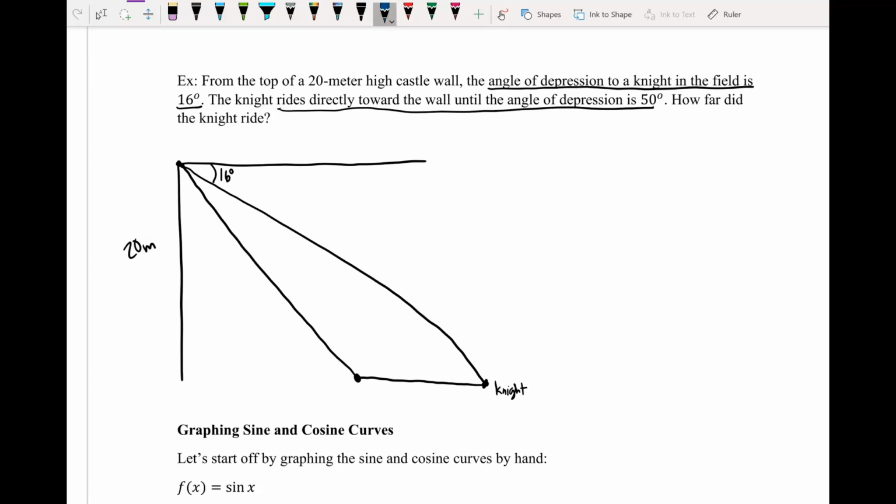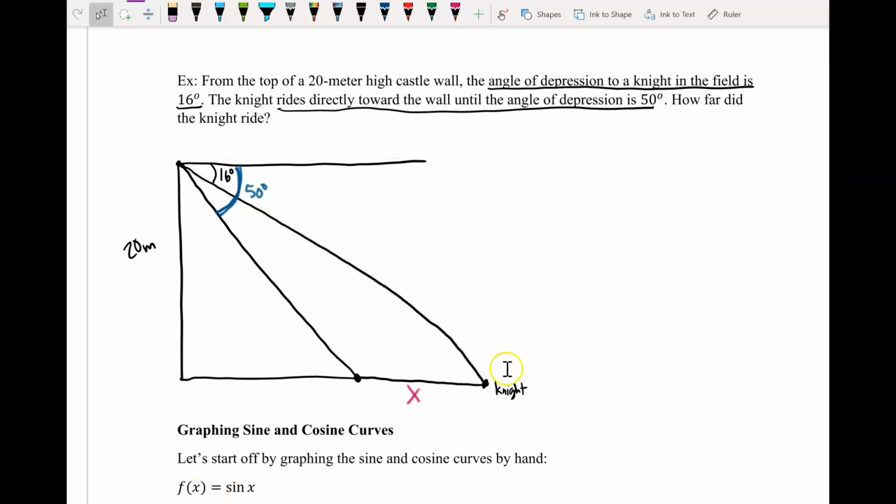So at this point, the angle of depression, now be very careful, it's not this small part, it's this whole thing. This whole thing right here is going to be 50 degrees. Okay, maybe I can just go ahead and close this as well. We want to know how far did the knight ride, which is basically this guy. How far did I go from there to there?